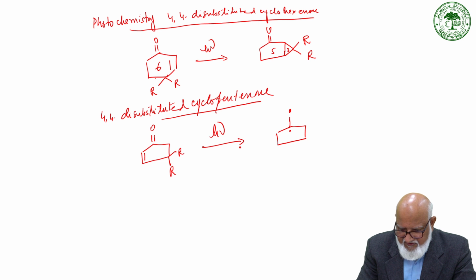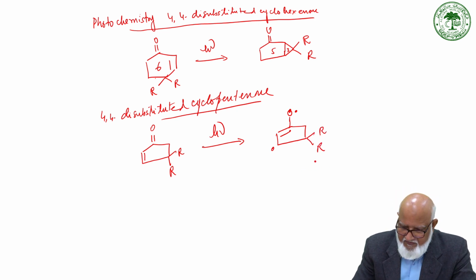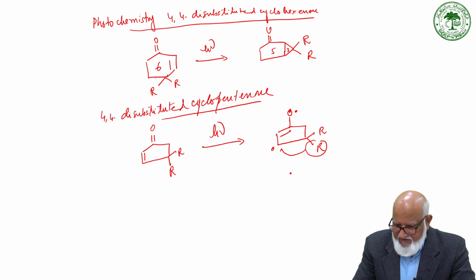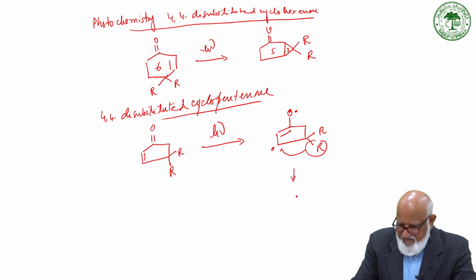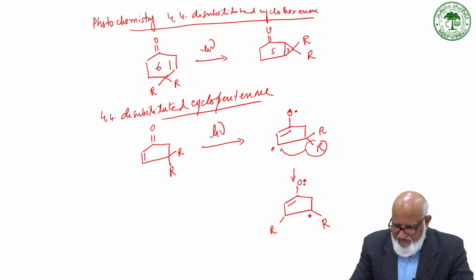Here, upon excitation, then there is a double bond, so you have a 1,4 diradical. This 1,4 diradical undergoes R group, the alkyl transfer. So it gets a species like this, R is here, a radical. Now this gets cyclized.